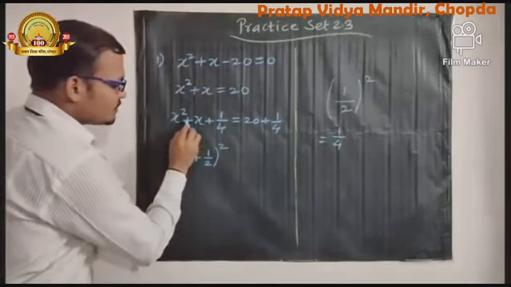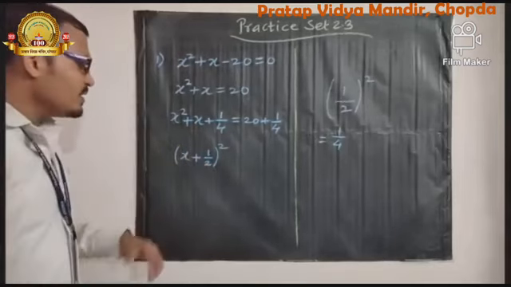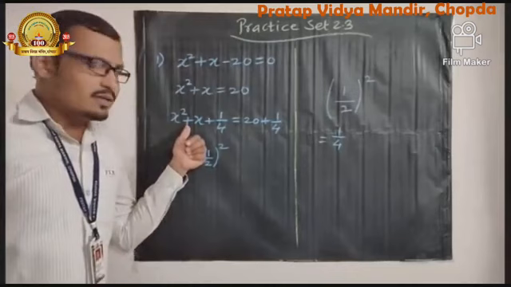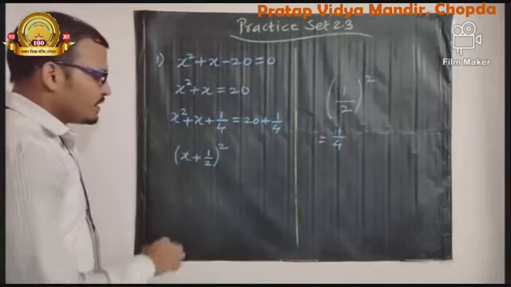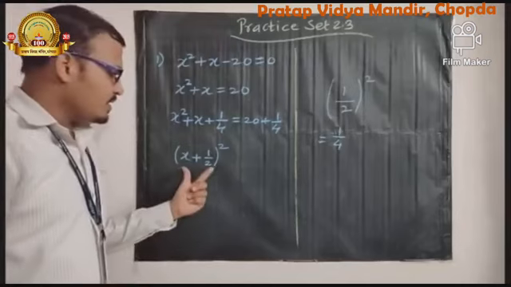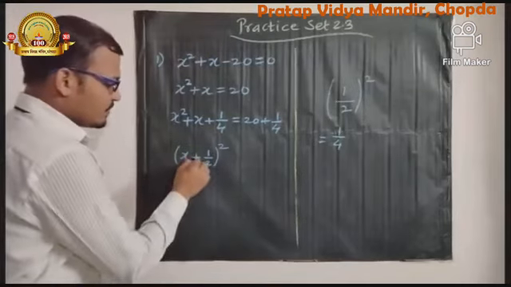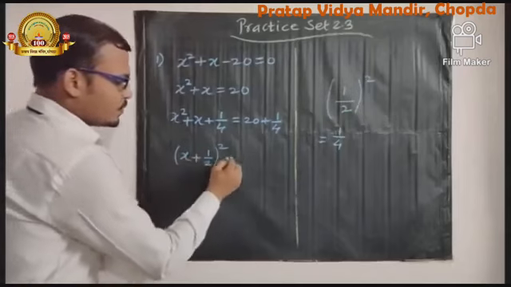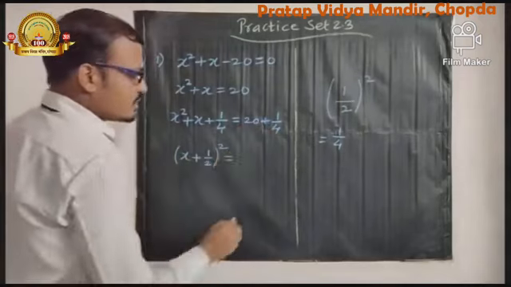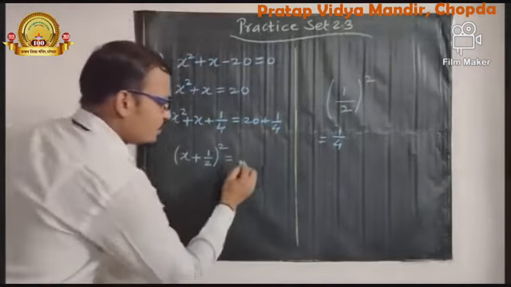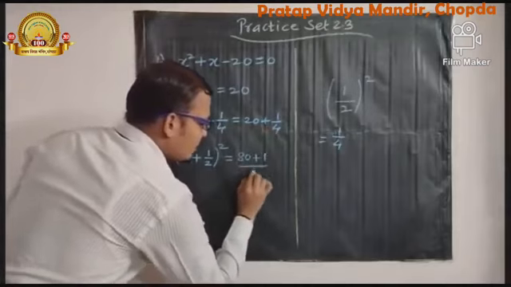Since the sign of the middle term is plus here, we take plus. If the sign of the middle term is negative, then we take a negative sign also. In this way we can write the perfect square or the complete square. So this is (x plus 1 upon 2) whole square is equal to, now by cross multiplication we get 20 into 4, that is 80 plus 1 upon 4.